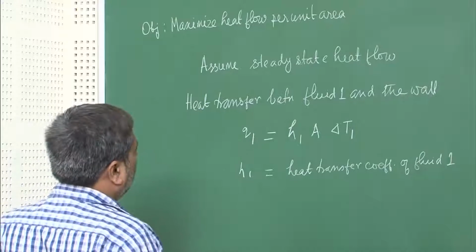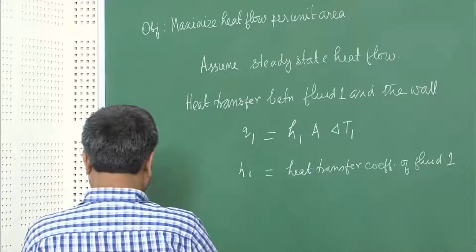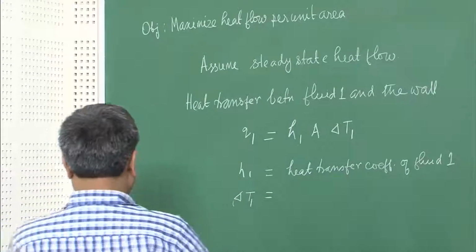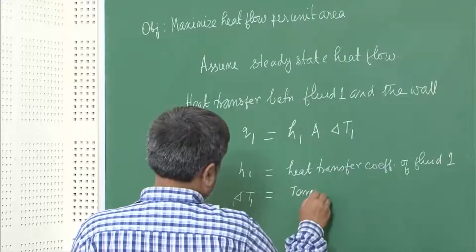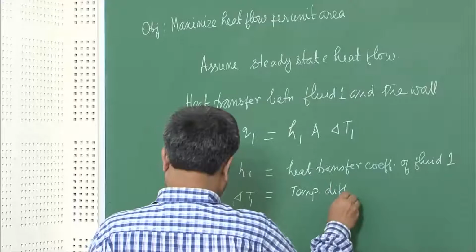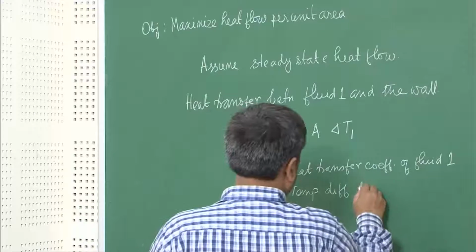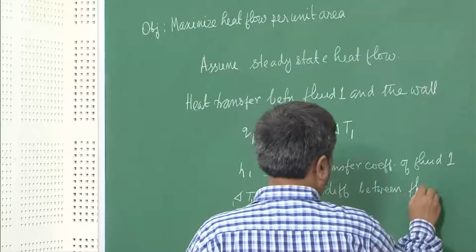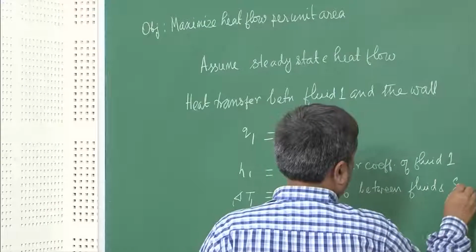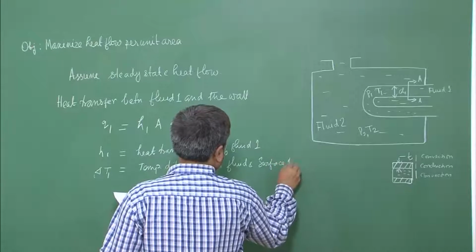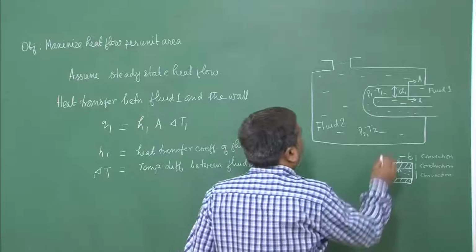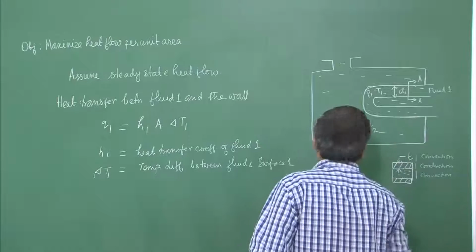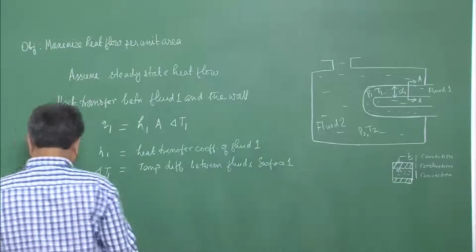Delta T1 is of course the temperature difference between the fluid and surface 1, that is, the internal surface of the fluid.